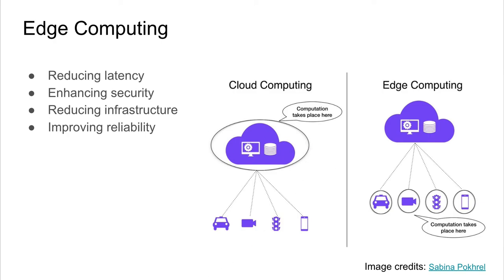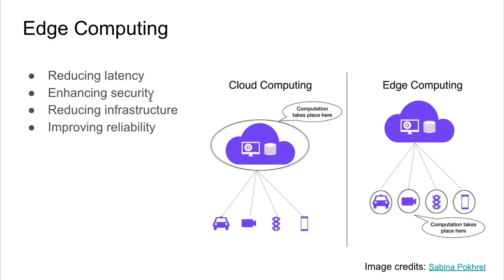The next obvious advantage is enhanced security. Nowadays there is a lot of data getting leaked from the cloud because of less stringent security measures. So if you were to store things locally using the client storage mechanisms I told before, and use edge computing to do most of the tasks, that would give you enhanced security for your data.